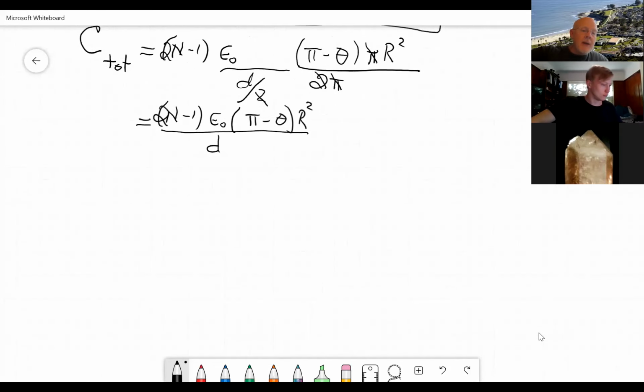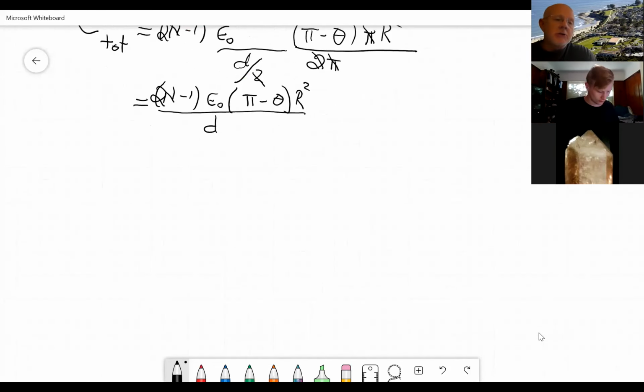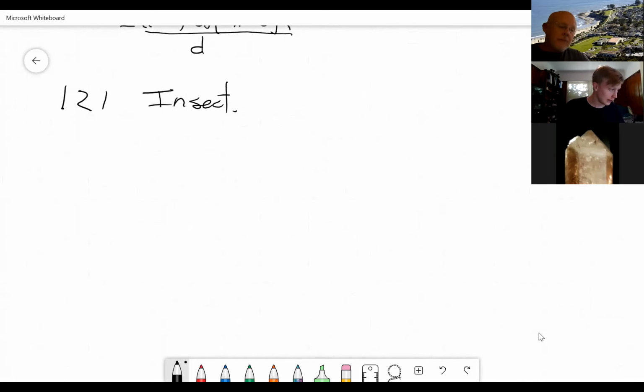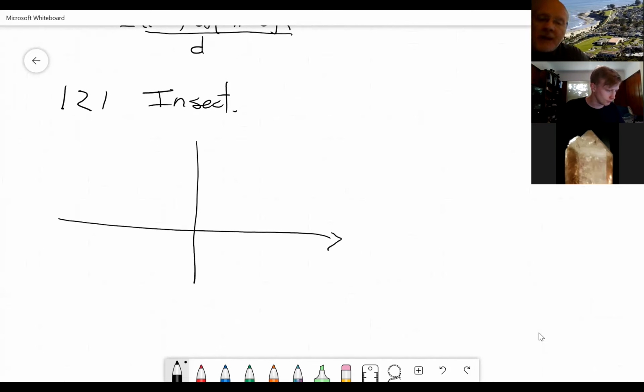Okay. And so let me just put here 121 insect problem. But let me do this first of all. I would say that instead of making a graph, I'm going to make a vector picture. Here's what I mean by that.